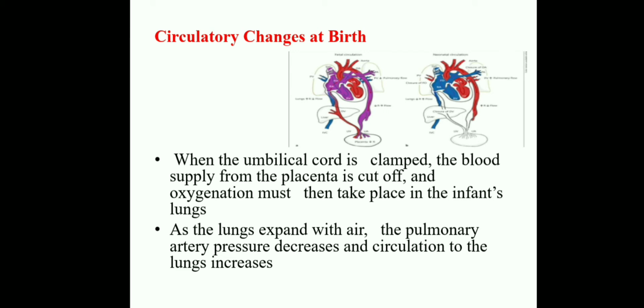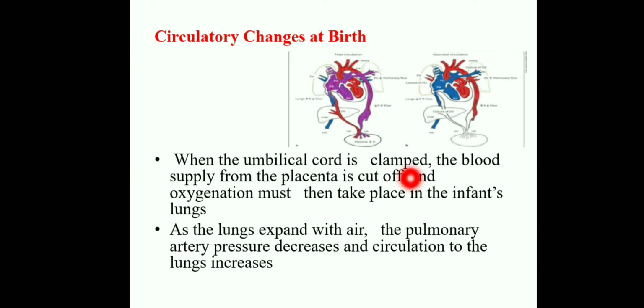Here through the placenta, the oxygenated blood enters the umbilical vein, and enters the atrium via the ductus venosus. After delivery some drastic changes occur, because when the umbilical cord is clamped, the blood supply from the placenta is cut off, and oxygenation must take place in the infant's lungs.